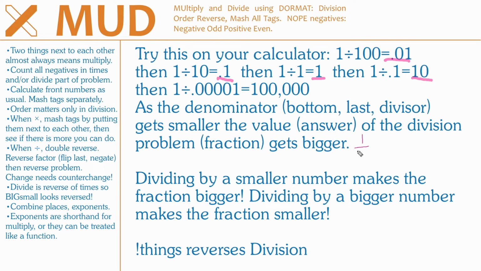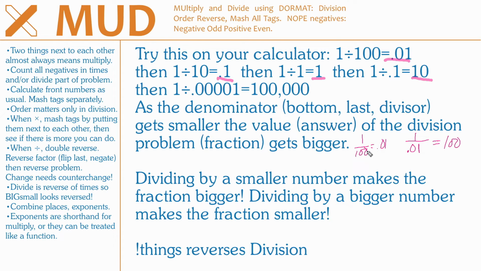So let's just take 1 over 100 equals 0.01. That's pretty small, right? But now what about 1 over 100th? Got that TH on the end. 1 over 100 gives me 100th. 1 over 100th gives me 100.